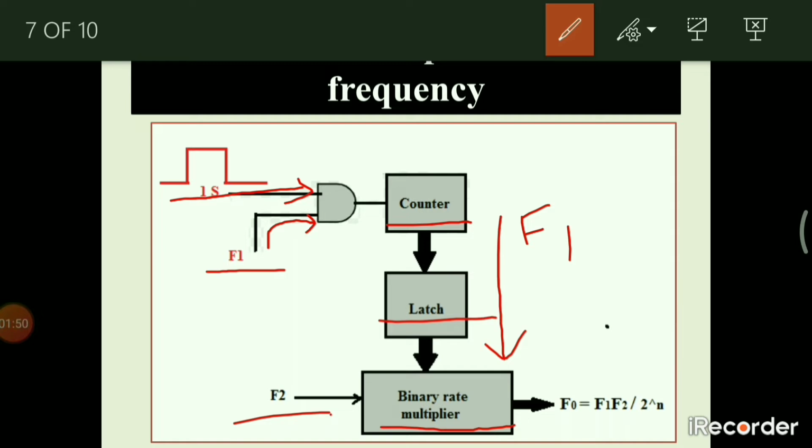Binary numbers mean 0 1 0 1. So f1 has some number in binary form, f2 has some number in binary form, and they are multiplied by using the binary rate multiplier. At the output we will get f0 equal to f1 into f2 divided by 2 raised to n. So this is about the output of the product of two frequencies by using a binary rate multiplier.